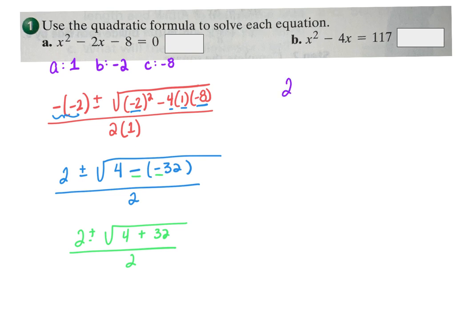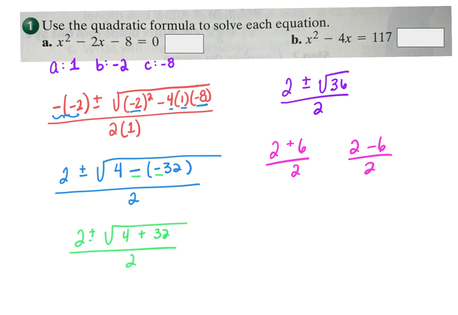So I have 2 plus or minus the square root of 36 all over 2. I know what the square root of 36 is. What is the square root of 36? 6. So I'm going to say 2 plus 6 over 2, and I wrote it both ways, 2 minus 6 over 2.